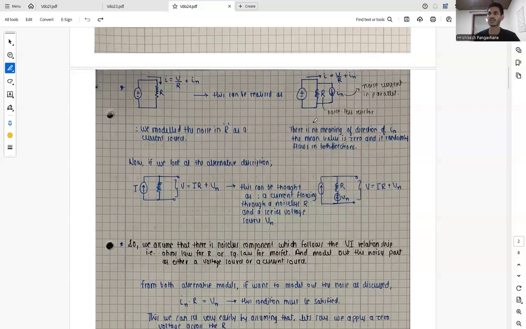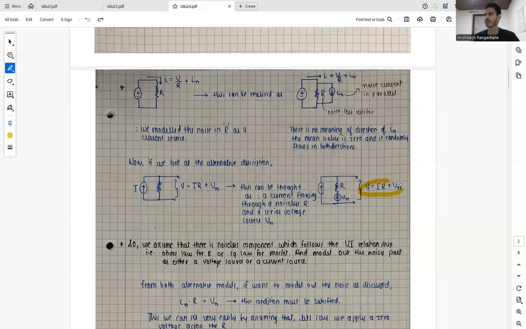Now if we look at the alternative description, we had voltage across a resistor. The alternative is that there is a current flowing through the resistor, which forms a voltage across this resistor, V equals IR. And the noise can be modeled as Vn separately, and this can be thought of as a current flowing through a noiseless resistor R and a series voltage source, which is Vn.